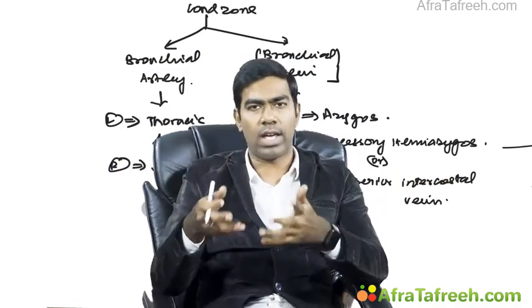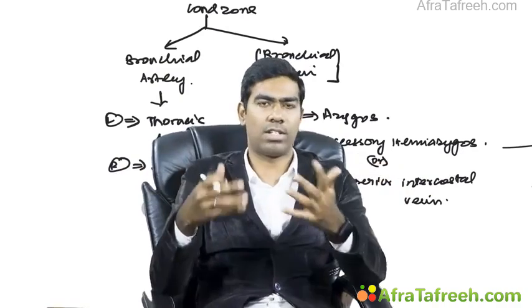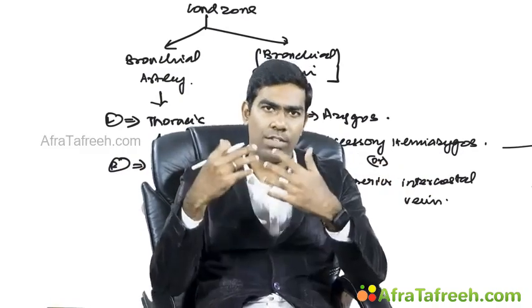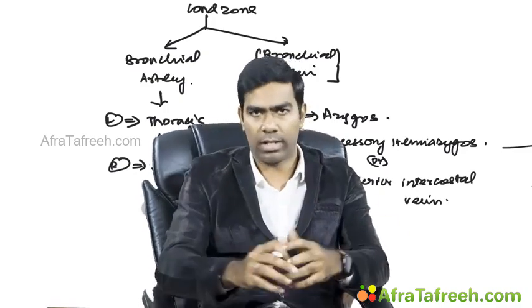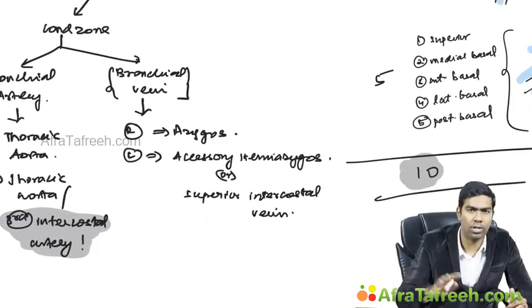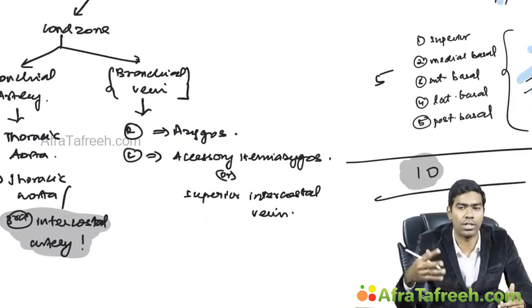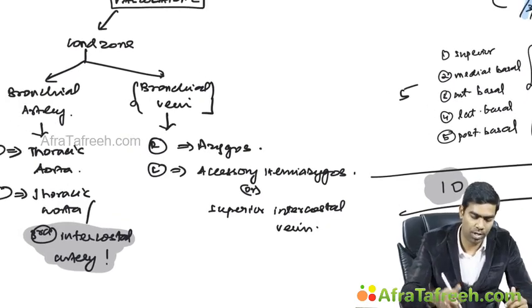This bronchial vein, pulmonary vein anastomosis is one area where you get a physiological shunting of blood rather than anatomical shunting, but that is of nil significance in routine practice. You still have to note that it's one important site of physiological shunting of blood.